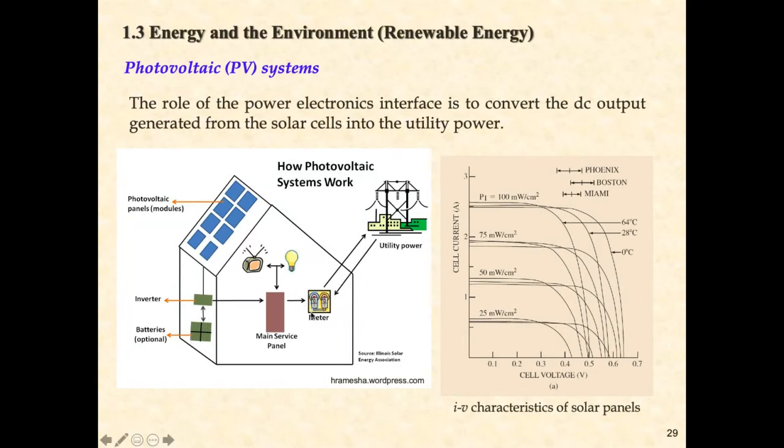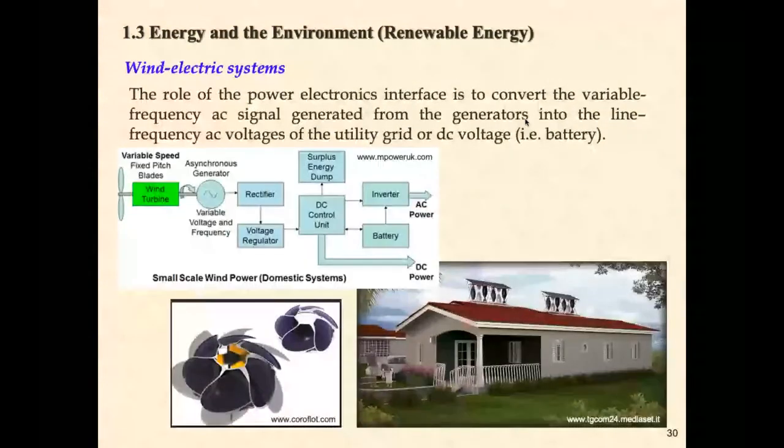Or if we want to sell the power collected from the solar panel to the utility, we also need to use the power electronics interface to standardize the quality of the power. So improving the power quality is also one of the purposes for using the power electronics interface. And the other application is the wind electric systems.